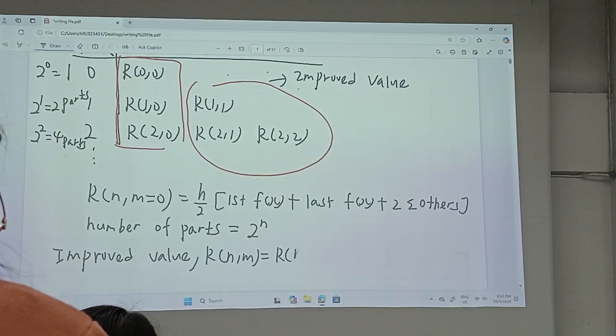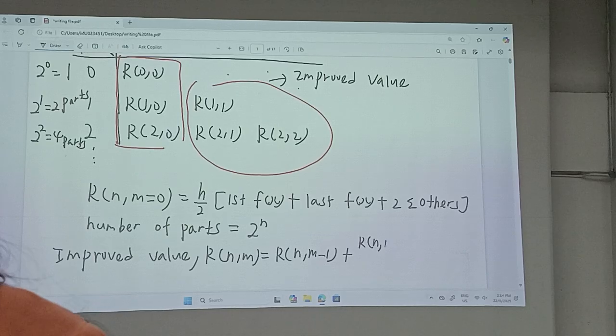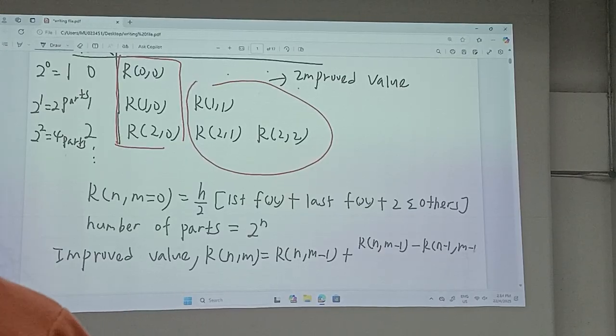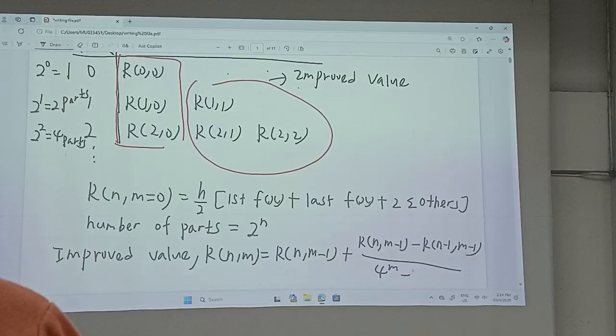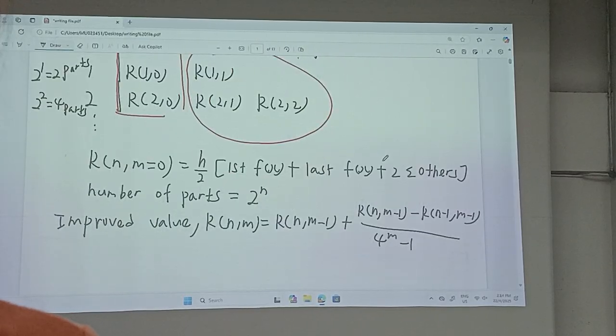Okay, let's write down the formula first. Over 4 power of m minus 1. So you need to remember this formula.